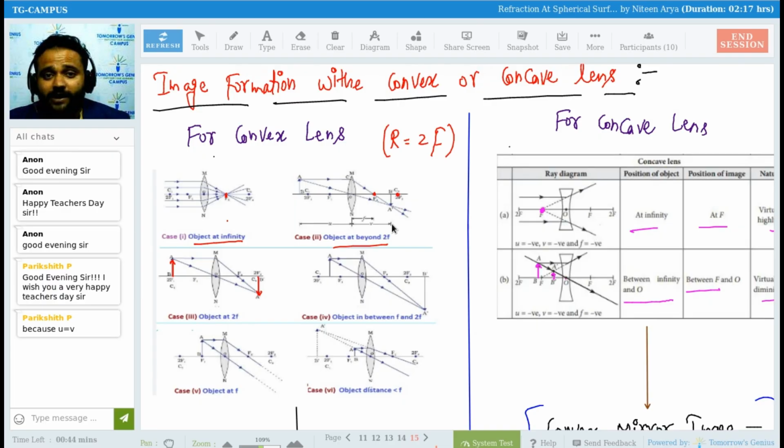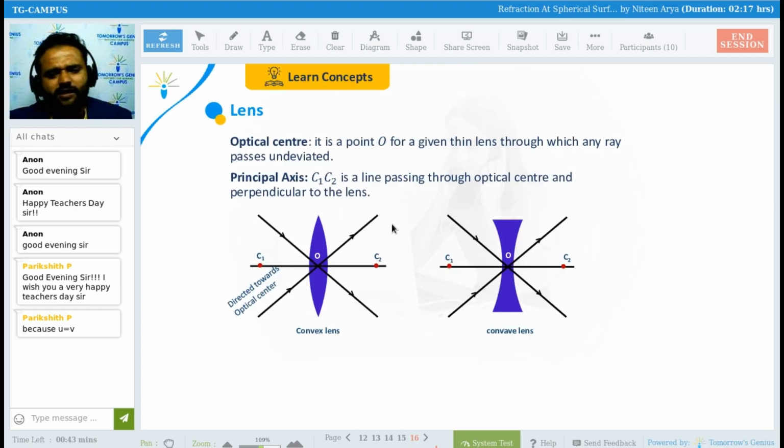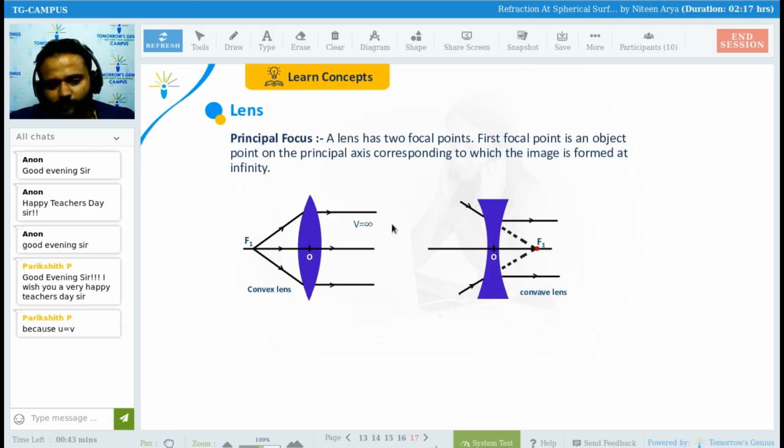So maybe if you are lucky enough, you get an assertion reason question for any particular case, not more than that. Is this clear, everyone? Should I move ahead? Clear? Good.